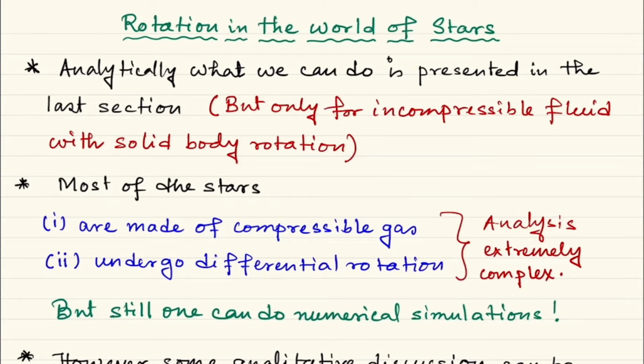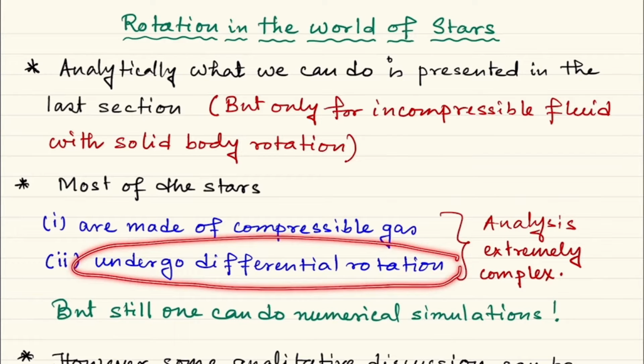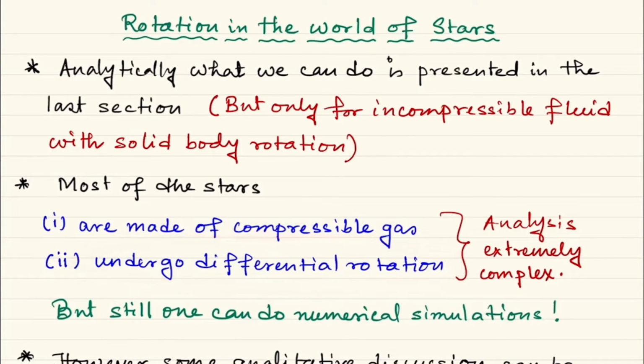But we know that most of the stars are made of compressible gas, and that undergo differential rotation as well. For example, the sun is a very good example of a star that is not undergoing a steady, solid body rotation. We discussed that only for slowly rotating stars can the establishment of a solid body rotation regime be possible.